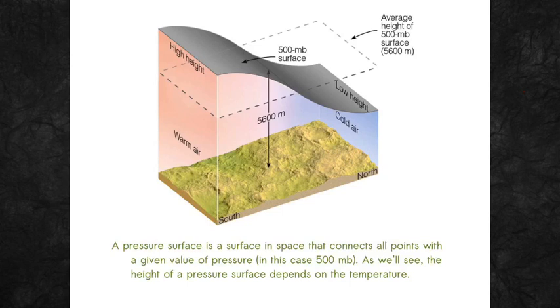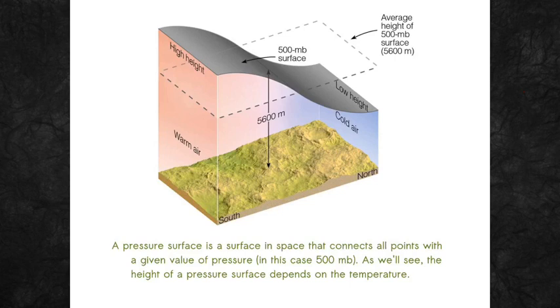Now, as I mentioned earlier, one of the reasons these things are important is because when we look at data at upper levels, we're actually not going to look at data at a given value of height. We're not going to look at data, say, at 5 kilometers above sea level. Instead, we're going to look at the data at a given value of pressure.